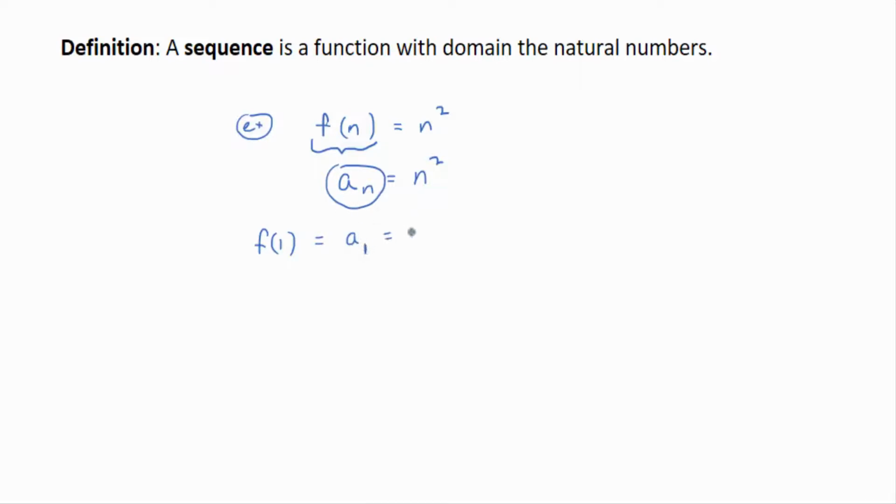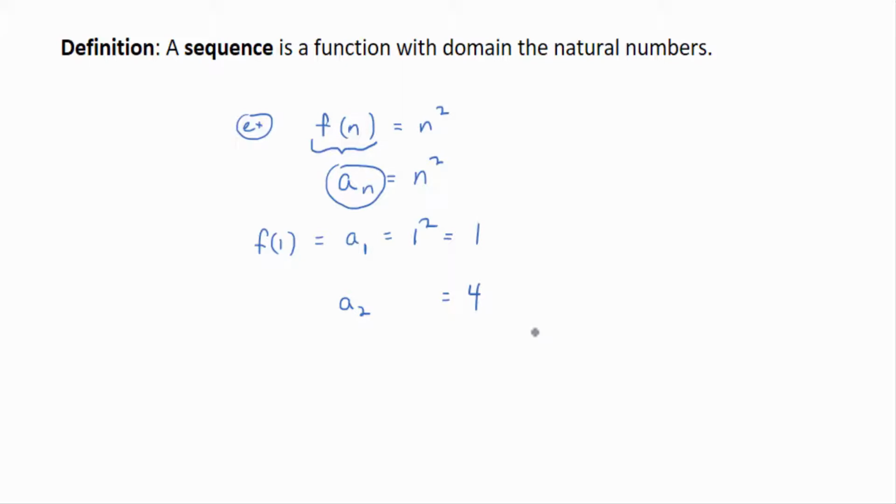And so the subscript tells you the input. So for an input of 1, the output a1 is equal to 1. So you guys tell me, what would a2 equal? Plug and chug, what do you get? 4. Easiest thing you're going to do all day, 4.